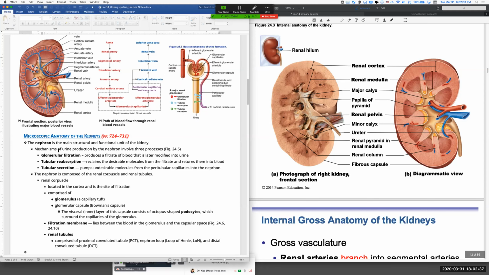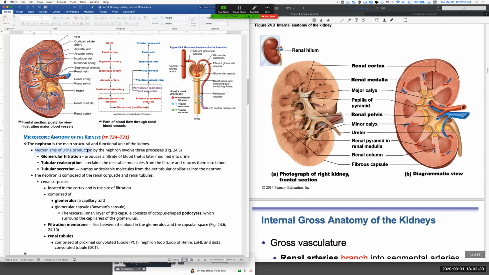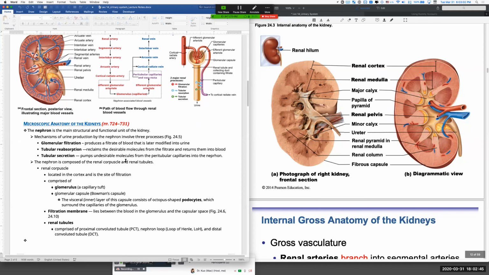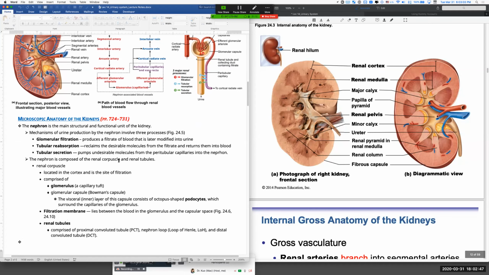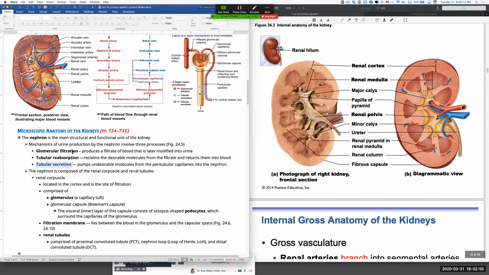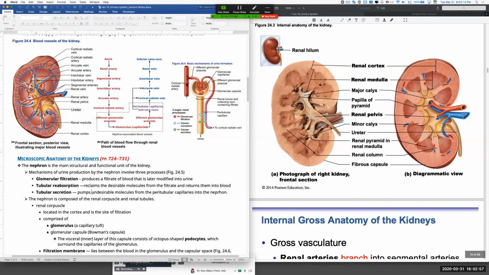And the way in which they carry out this process of filtering your blood and modifying your blood content is through 3 processes: glomerular filtration, tubular reabsorption, tubular secretion. And here's what each one means.